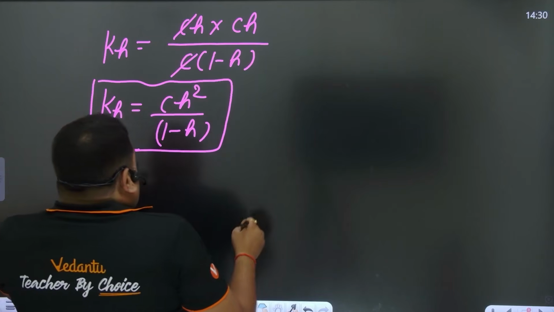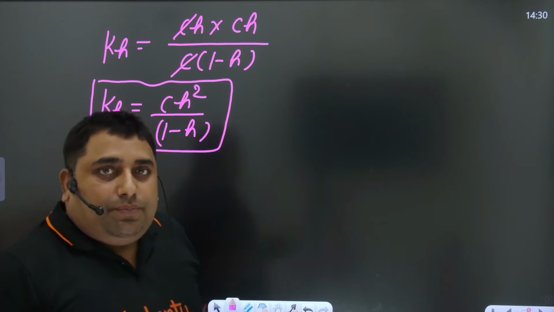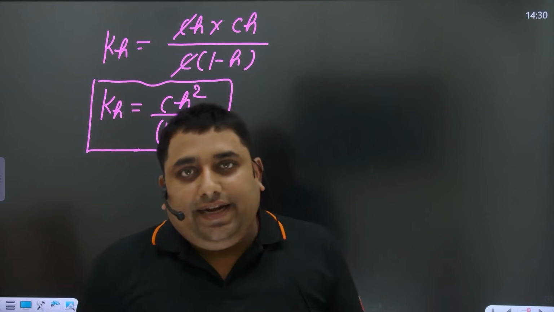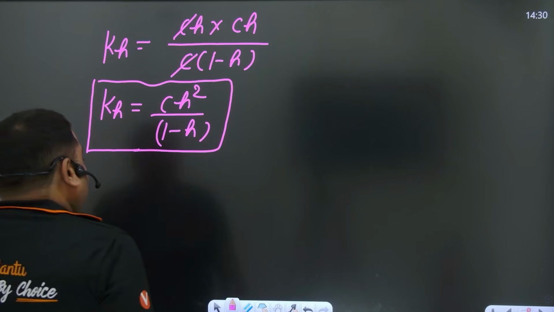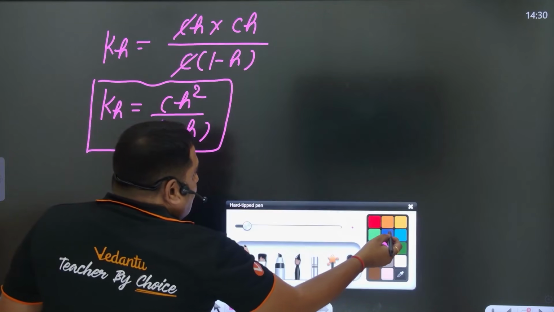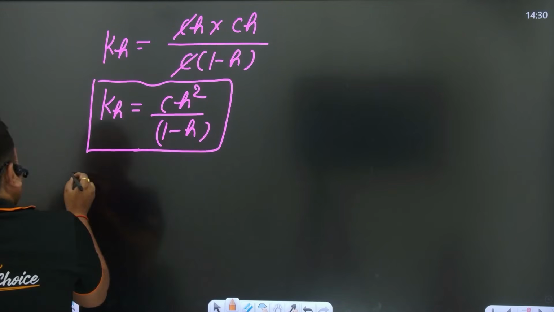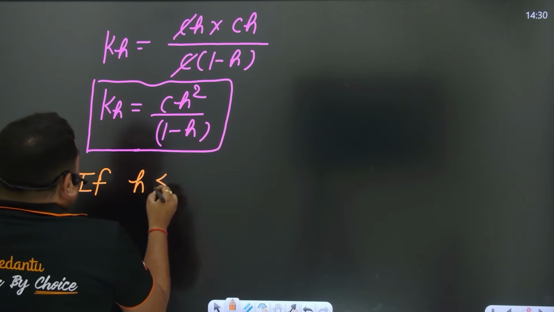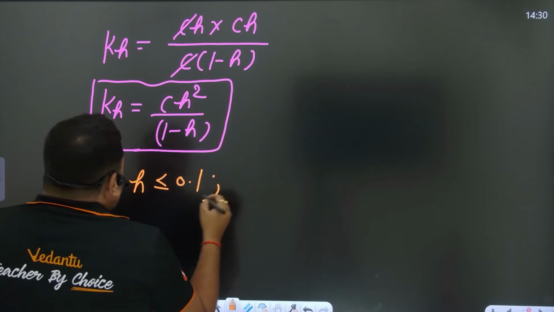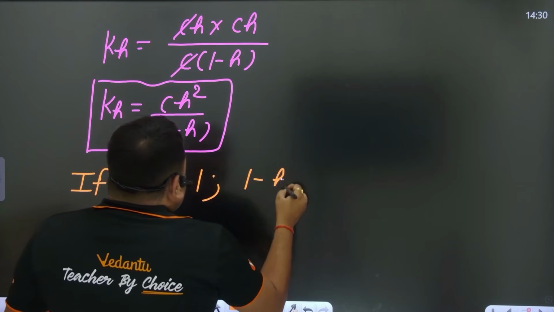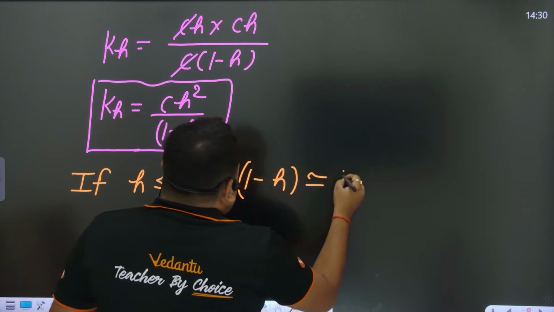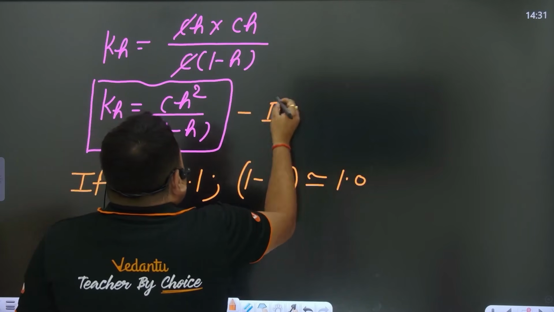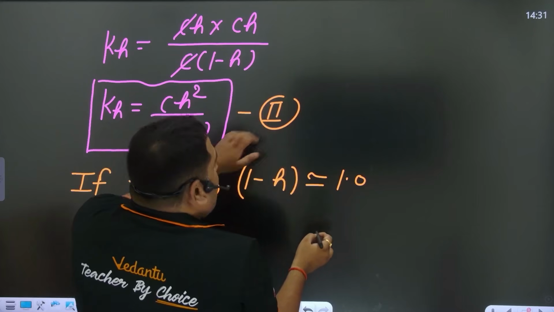So we have to use the approximation, because in general, in all the questions which are asked in the NEET exam, this approximation is applicable. So what is the approximation? Let us see. If the value of h is less than or equal to 0.1, then we can take 1 minus h is approximately equal to 1.0. Now we have to put this approximation in equation number 2.